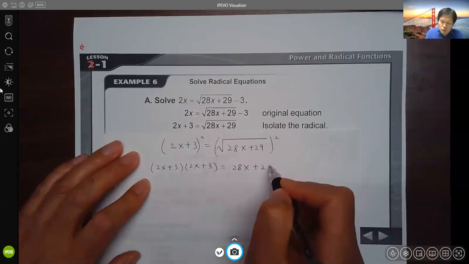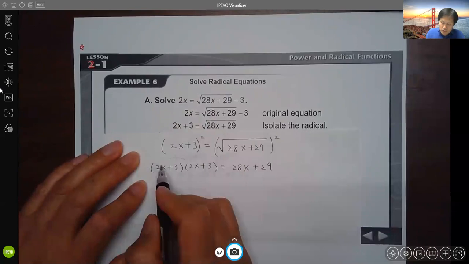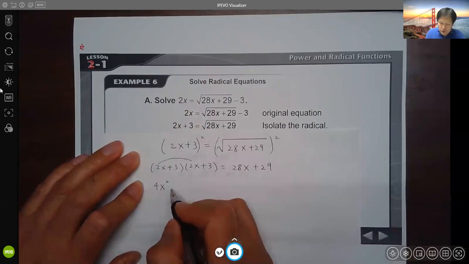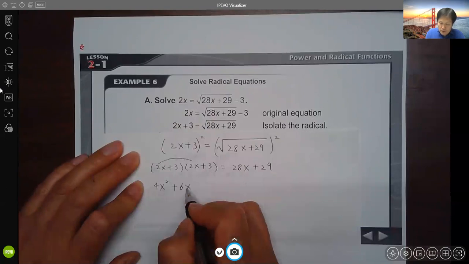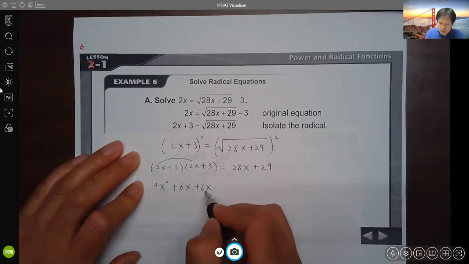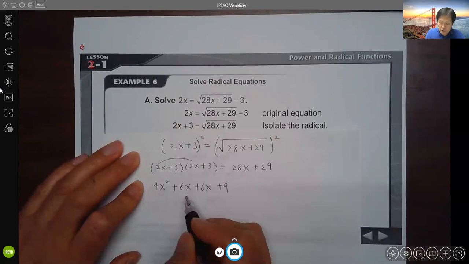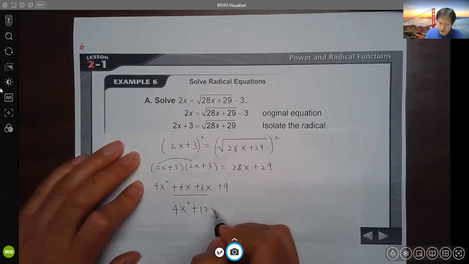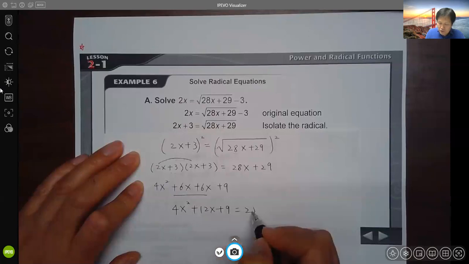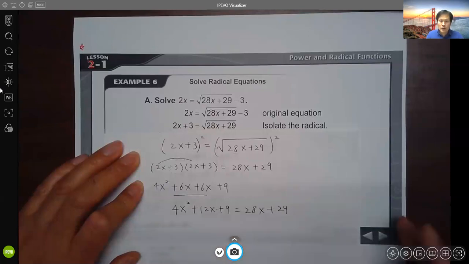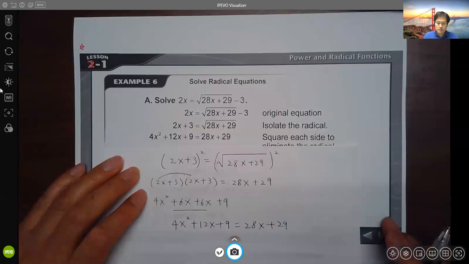You are distributing. So you got 2x times 2x, that's a 4x squared, 2x times 3, 6x, 3 times 2x, 6x, 3 times 3, which is 9. Combine like terms: 4x squared plus 12x plus 9 equal to 28x plus 29. That's what they have here. Okay?